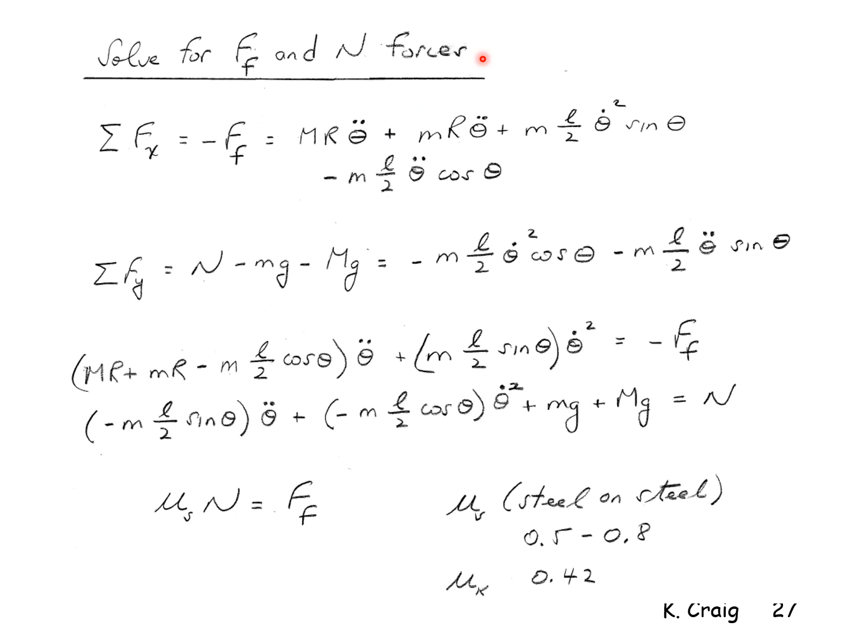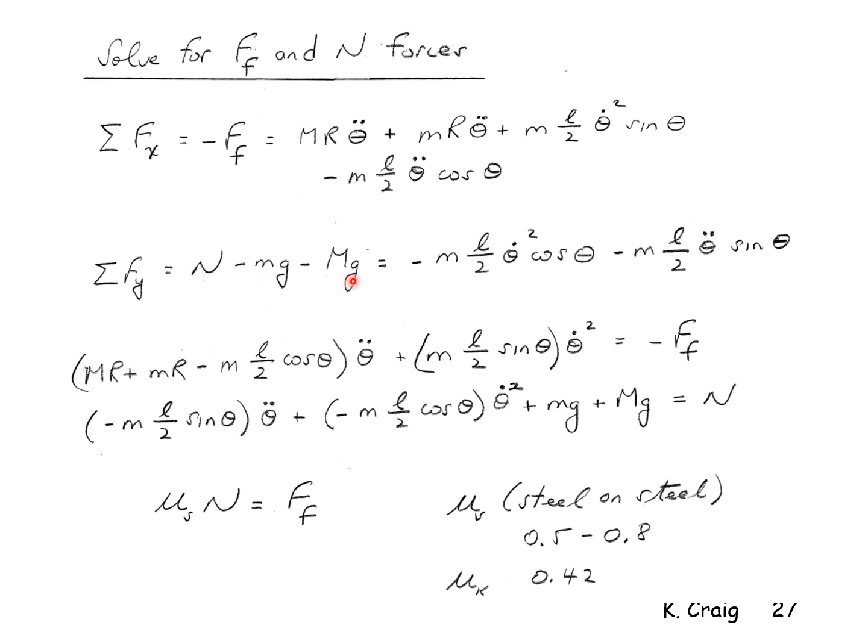I now want to solve for the friction forces and the normal forces. The easiest way to do that is on the free body diagram, sum the forces in the x direction, which is simply minus the force of friction, summation of the forces in the y direction, which is the normal force minus the weight term.